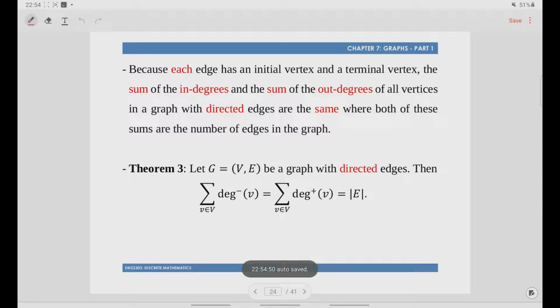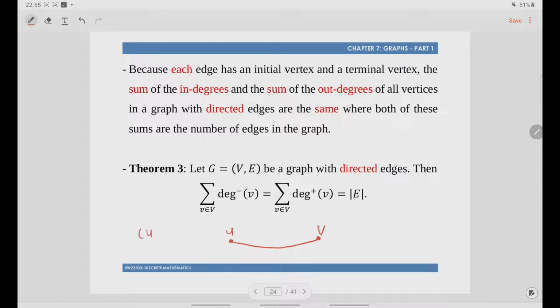Because each edge has an initial vertex and a terminal vertex, each edge means a line connecting at least 2 vertices.